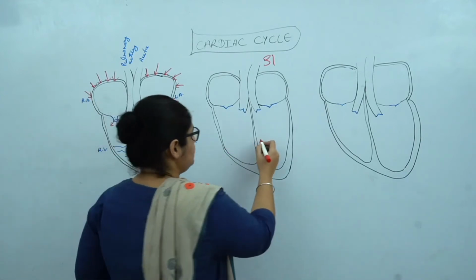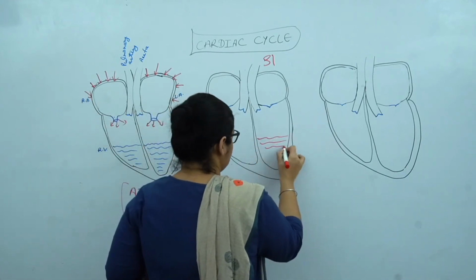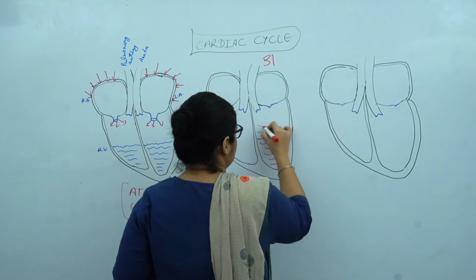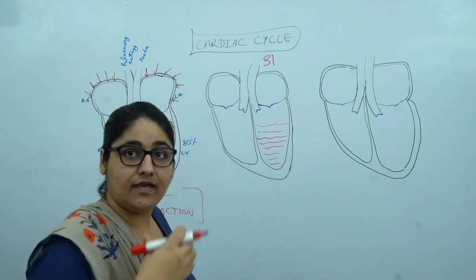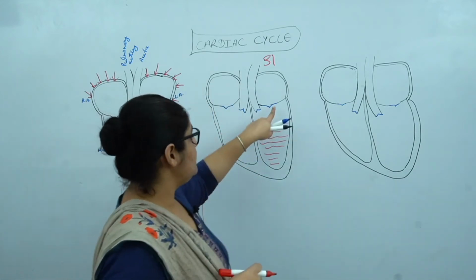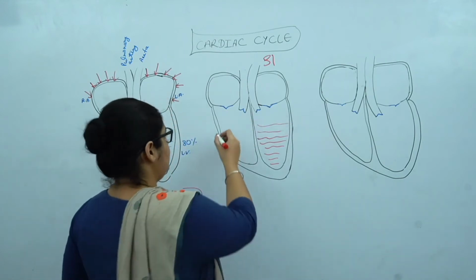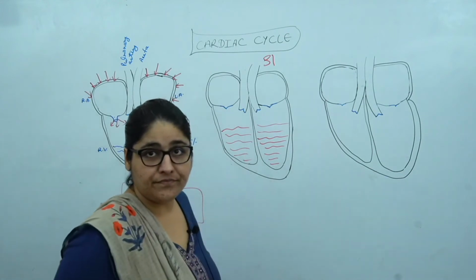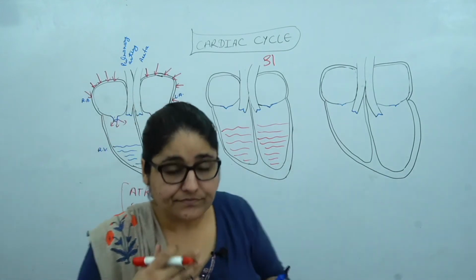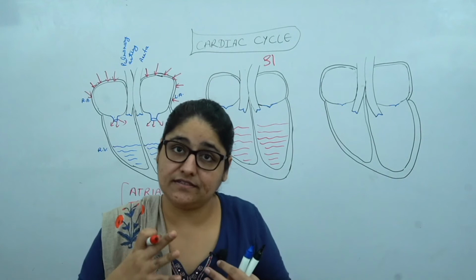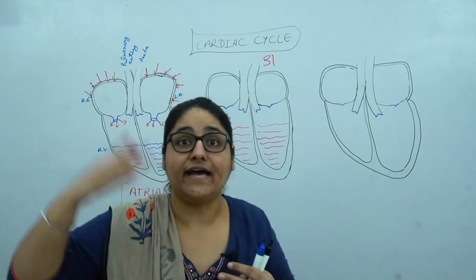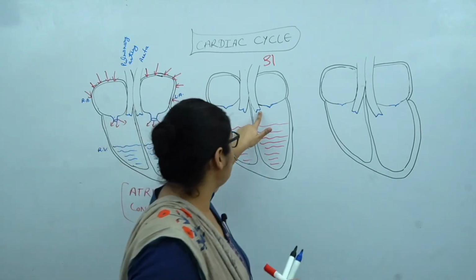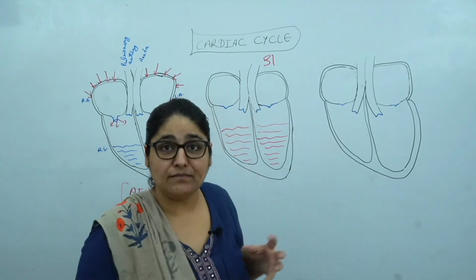Now, what is the condition here? Ventricles have been filled with blood. The mitral valve and tricuspid valve are closed, and the pressure in the ventricle has increased, but not so much that it can open the semilunar valve.